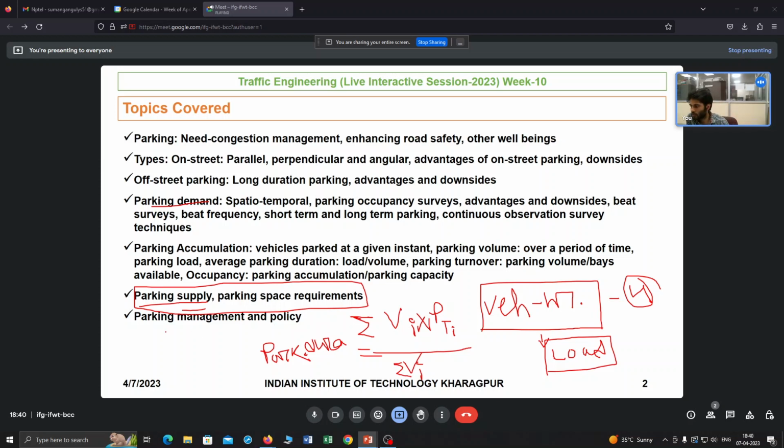But if your parking demand is higher than your supply, then you have to go for parking management and policy.